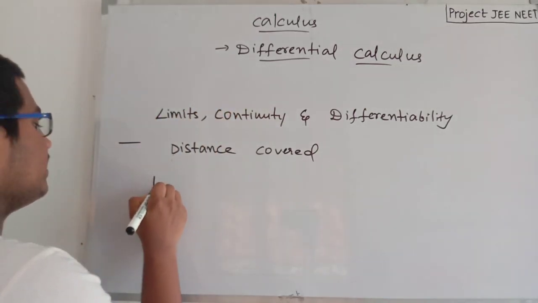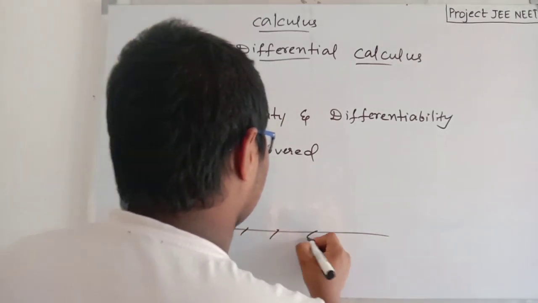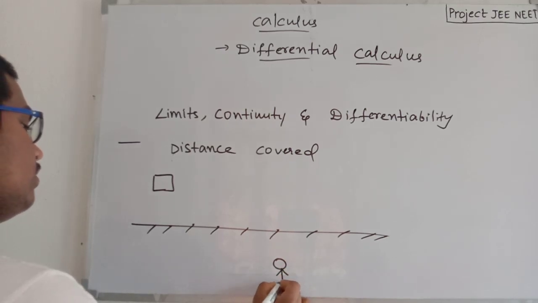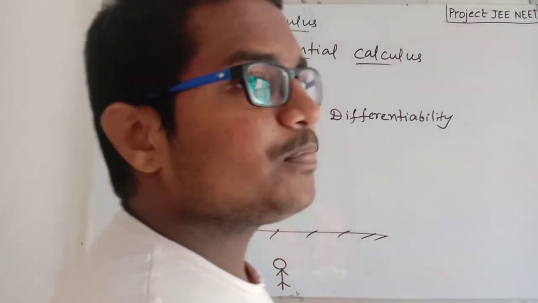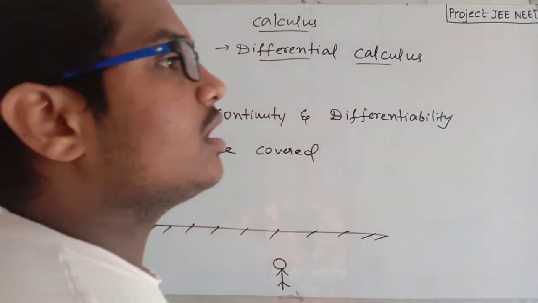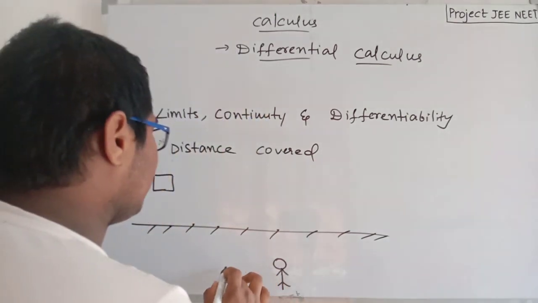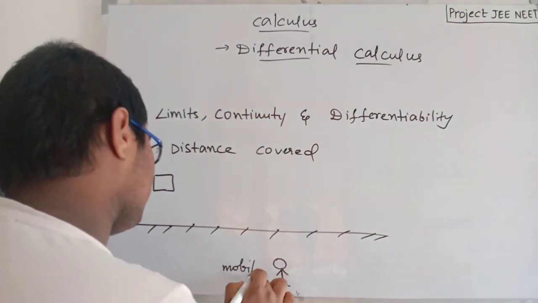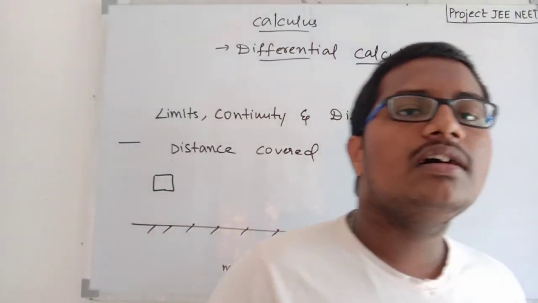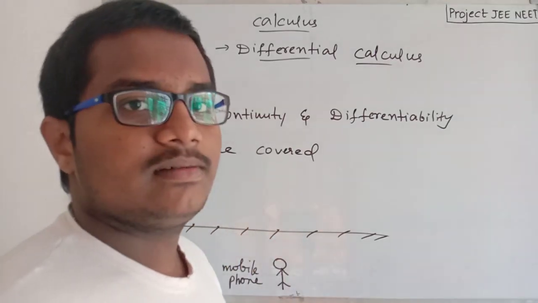Suppose there is an object, and this is the ground, and you are here, and you have a camera or a mobile phone which is an old model, with a camera which shutters with a 1 second gap.